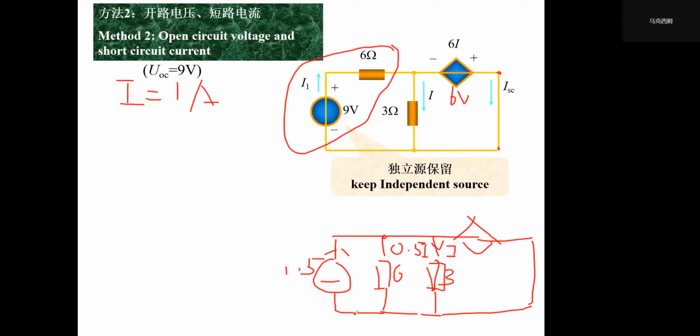We already know that open circuit voltage is 9 volt. So the current, we have this, we can calculate I is 1 ampere, and this one is 6 volt. So we can calculate the corresponding.